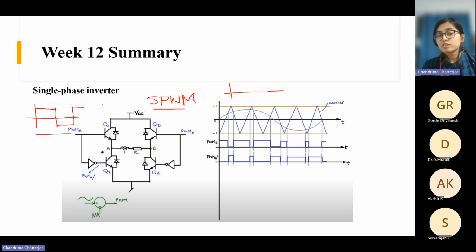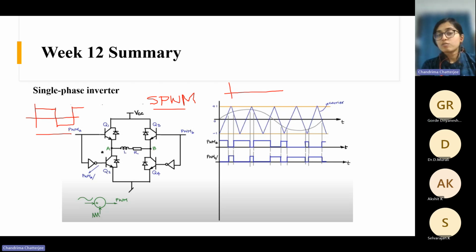The inverter is the opposite of that. In the input you have a DC source, and across the load you get an AC voltage and AC current. That is an inverter.